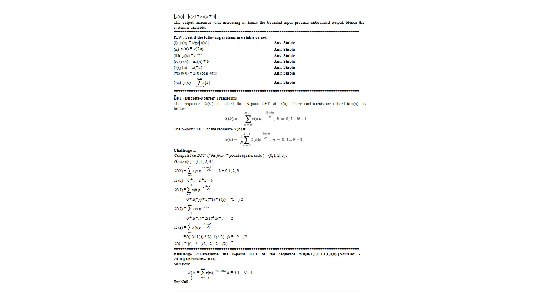Okay, x of 1 is equal to the summation n equal to 0 to 3 of x of n e power minus j 2 pi k n by 4. So that is 0 plus 1 minus j plus 2 minus 1 plus 3 j, that is minus 2 plus j2. Likewise we have to substitute the values for 2 and then 3. So the final answer is x of k equal to 6, minus 2 plus j2, minus 2, minus 2 minus j2.